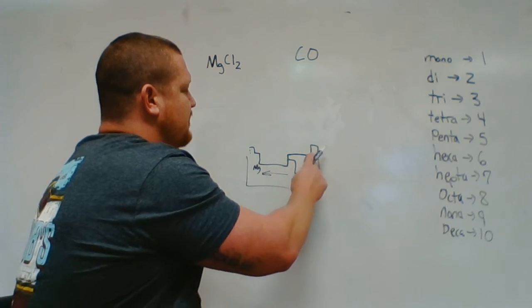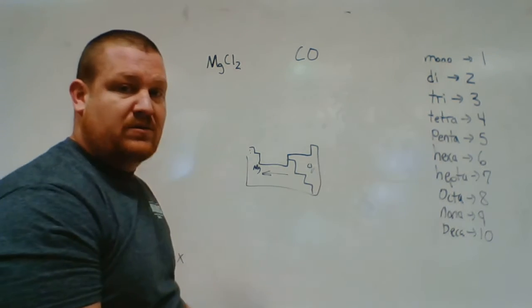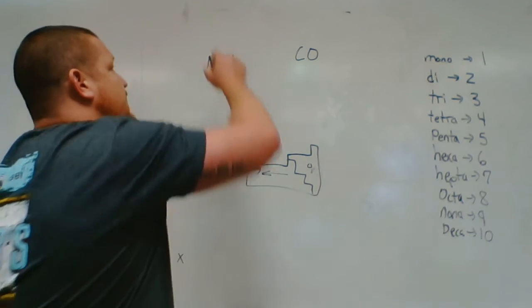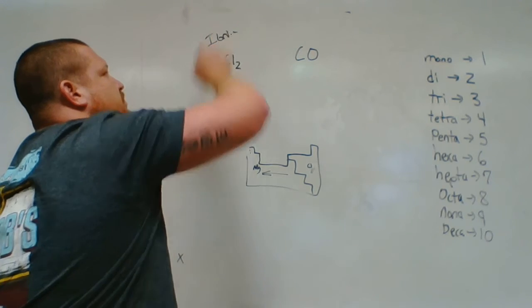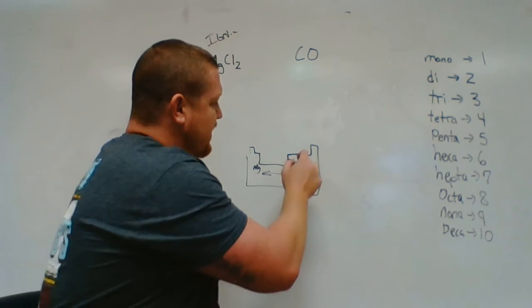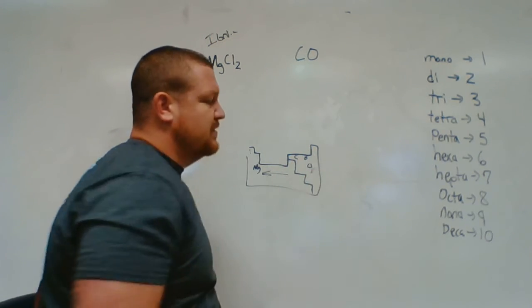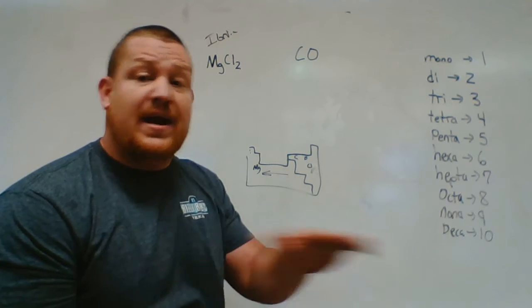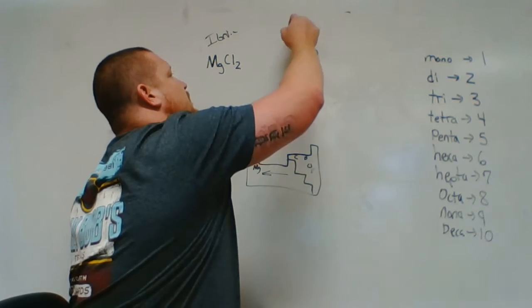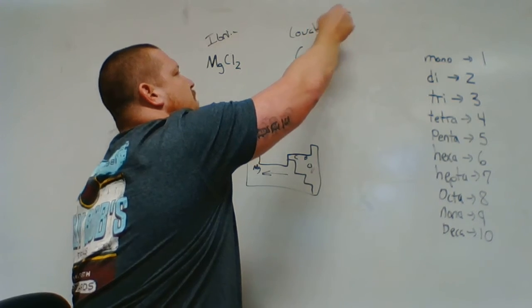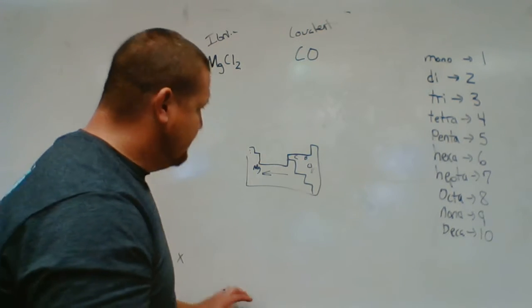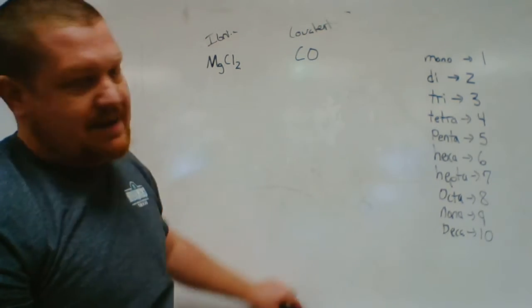Chlorine is right there, it's a non-metal. So we have a metal and a non-metal, which means this is ionic. Here we've got carbon and oxygen. That's two non-metals. There's no metal there. This is covalent.